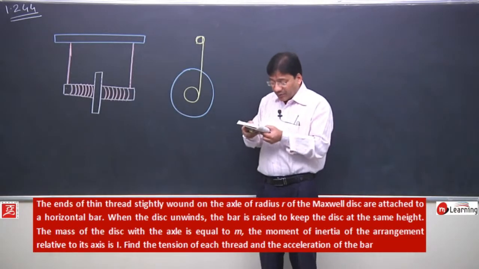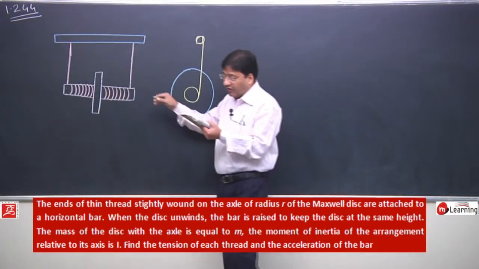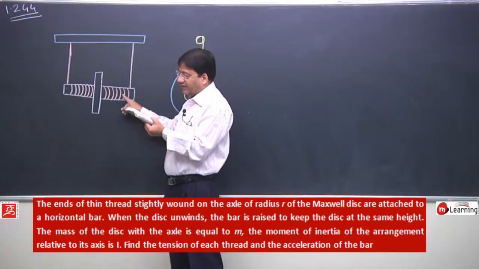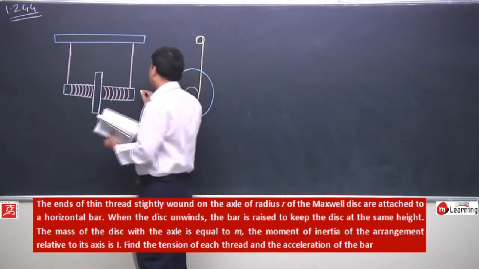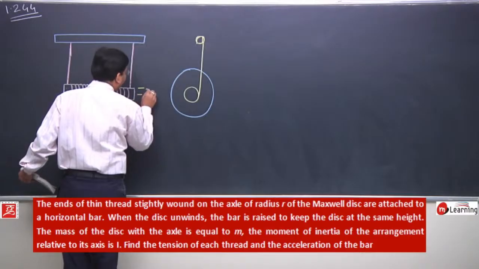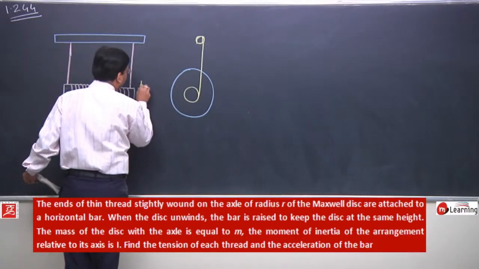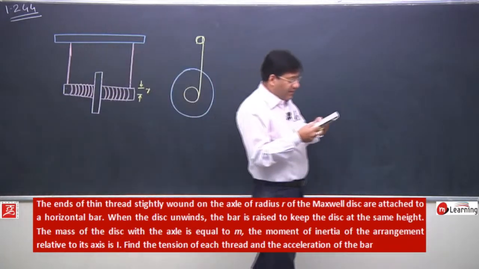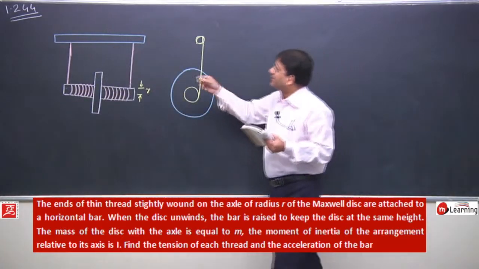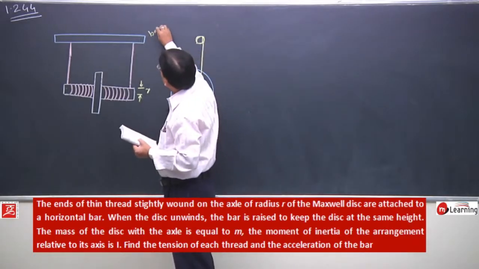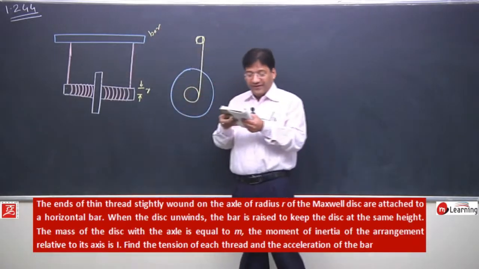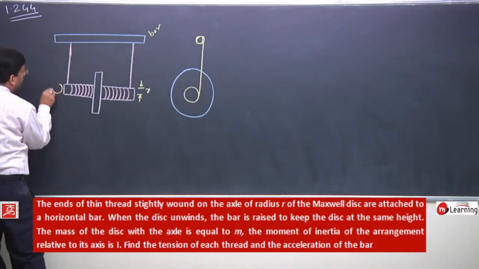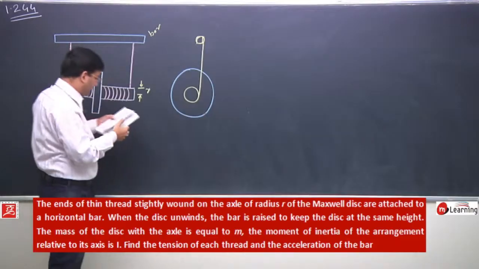Once again, let me read the problem statement. The end of the thin thread is tightly wound on the axle of radius r. This is the axle and it has the radius r. It is attached to the horizontal bar. This is the horizontal bar. When the disc unwinds, it unwinds like this.